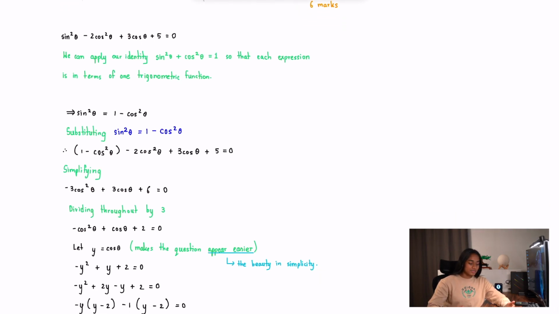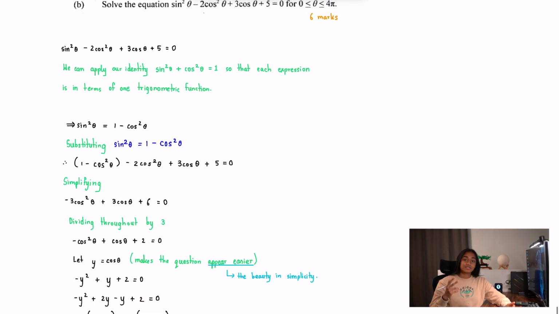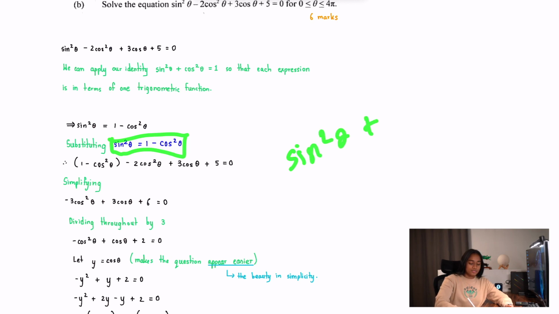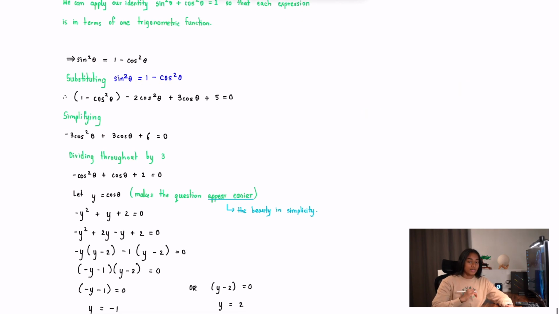So the first thing that we notice, again, two different trig functions, and these are sine and cos. Similar to the previous past paper, we are going to use this identity. Alright, we're going to manipulate sine squared theta plus cos squared theta is equal to 1 to get sine squared theta is equal to 1 minus cos squared theta.